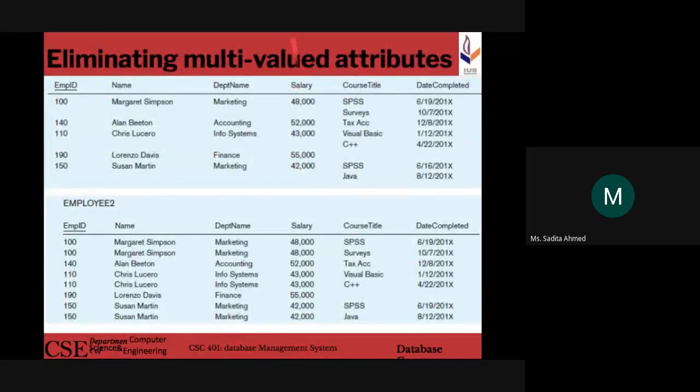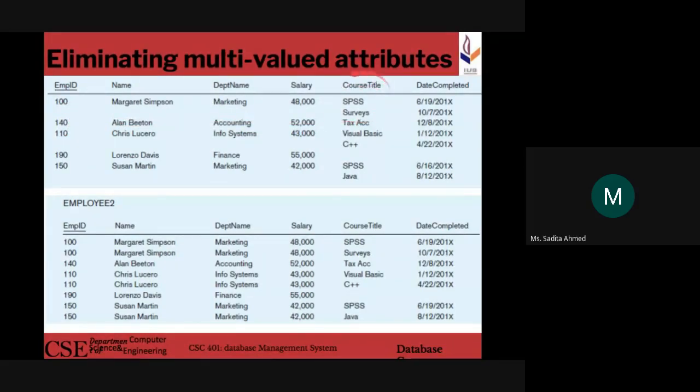Now, take a look at the first table here, the one at the top. Does this table follow the rules that we've just stated? What do you think? Take a look specifically at the course title column and the date completed column with respect to the emp ID value.